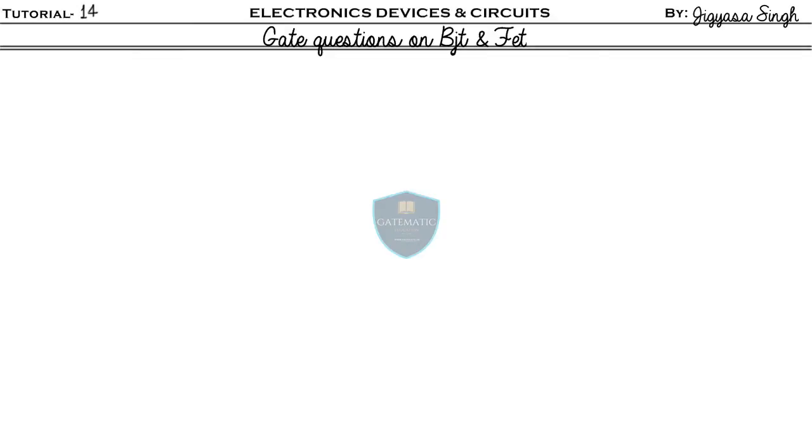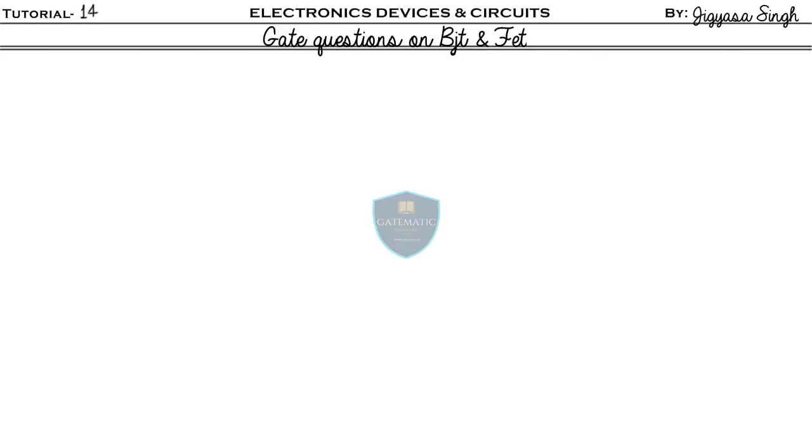In analog you have also studied the BJT amplifiers and the FET amplifiers and their characteristics: input characteristics, drain characteristics, transfer characteristics and whatnot. But here we study it as a device, right? So that's what I wanted to tell you.